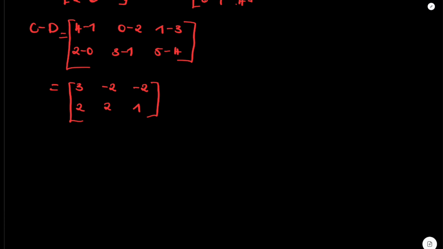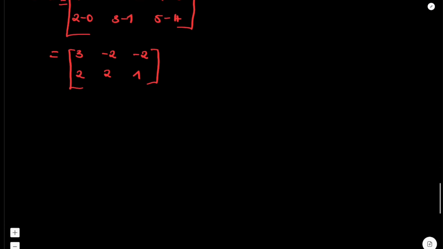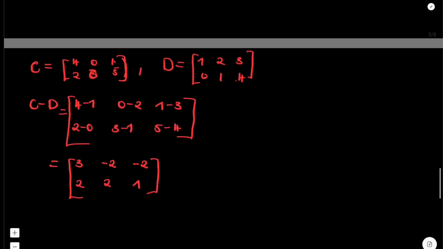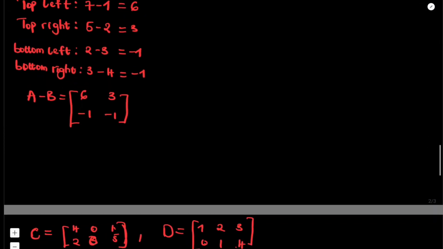Okay, so that is it for addition and subtraction of matrices. So let us remember the first thing: when adding or subtracting, always check the order of matrices before adding or subtracting. The order of the matrix tells you whether it can be added or subtracted.